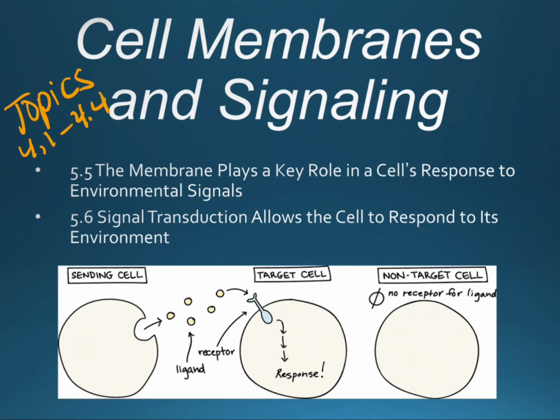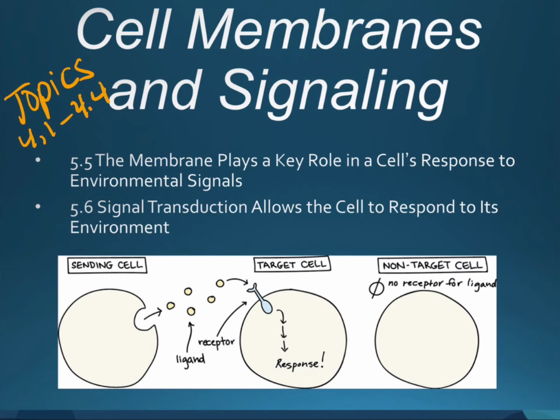So this video is about cell membranes and signaling. Cell communication: how do cells respond to environmental signals, and how are those signals transduced within the cell so that the cell can respond to the environment? I have a quick little picture here that shows this. We have a sending cell sending ligands to a receptor of a target cell.